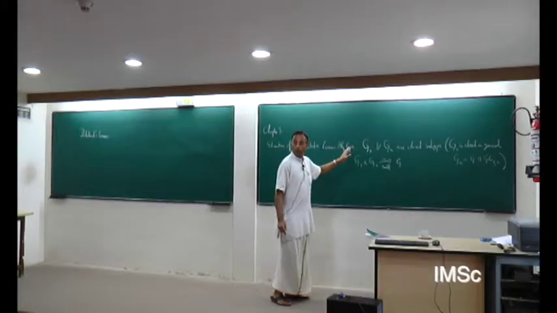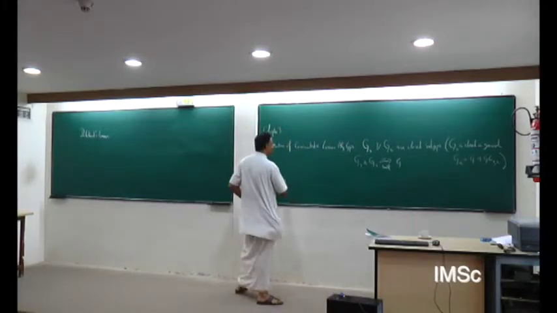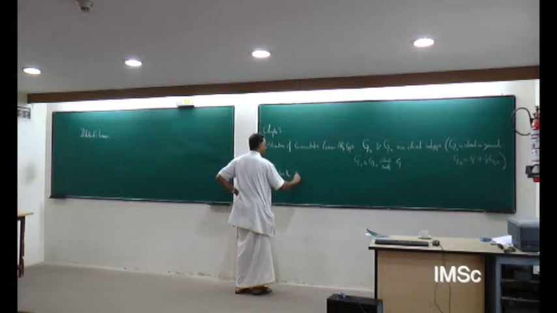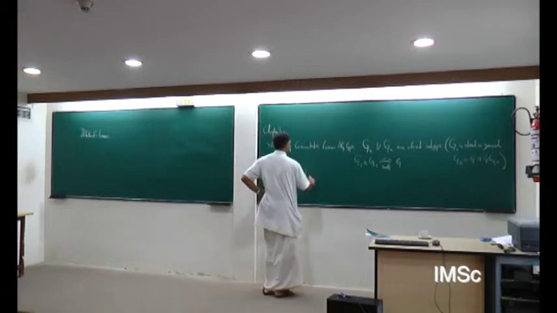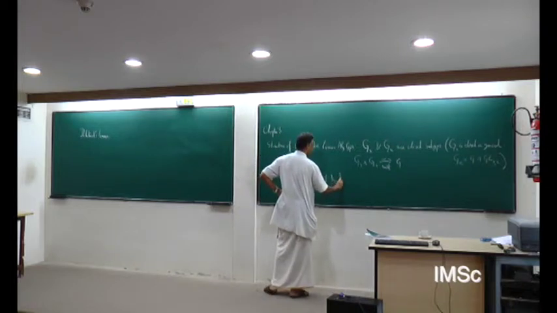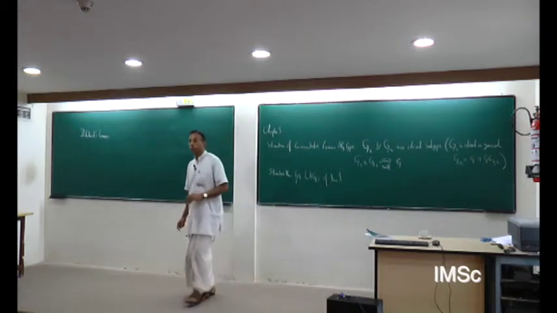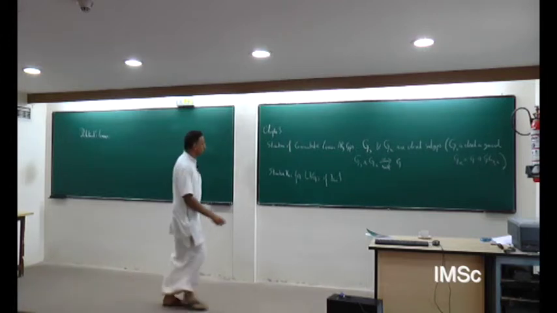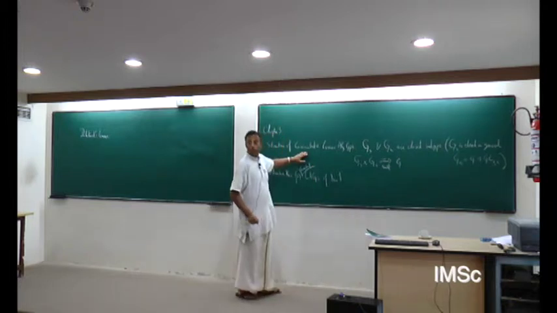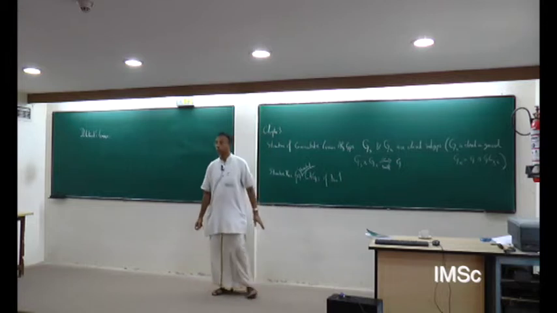So we had this structure theorem of commutative linear algebraic groups, and then we have the structure theorem for linear algebraic groups of dimension 1. Here I am not assuming anything, but there I am assuming it's connected.